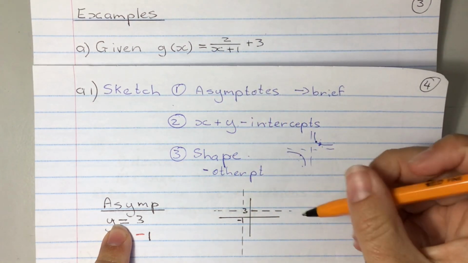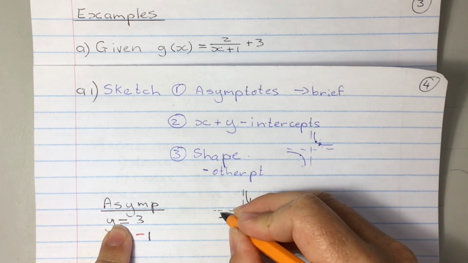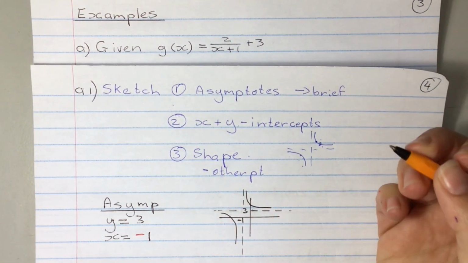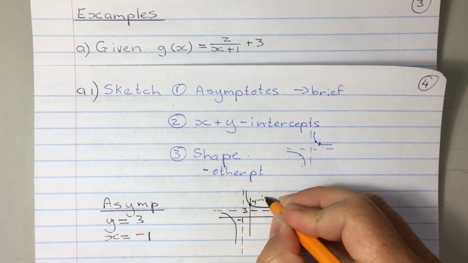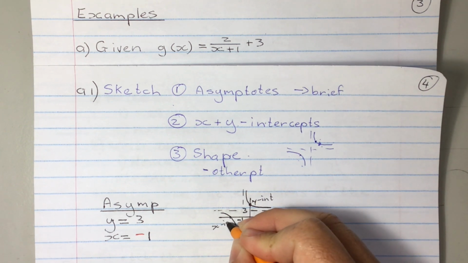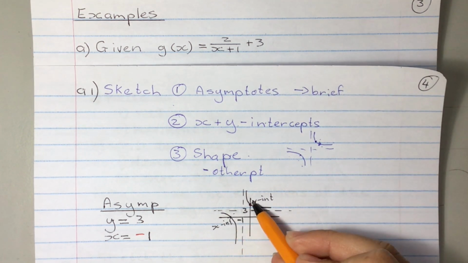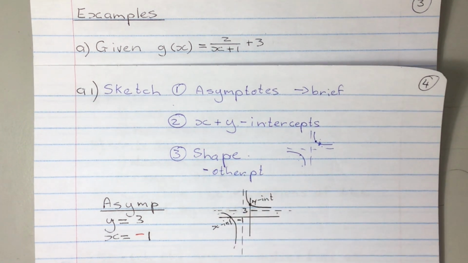It's a positive 2, and so we know we're in quadrant 1 and quadrant 2. And so we can see we've got a y-intercept over here and an x-intercept over here, so we need to calculate both of those. And because we've got a point in each piece, we don't need to work out another point.